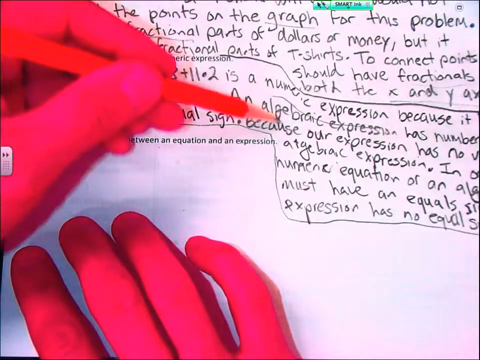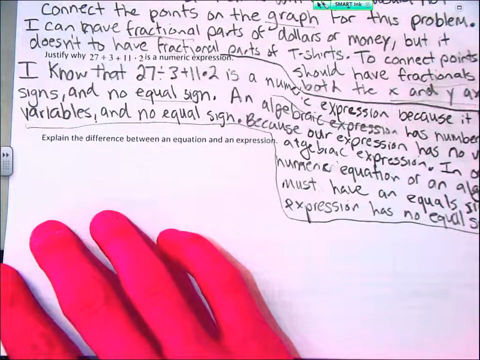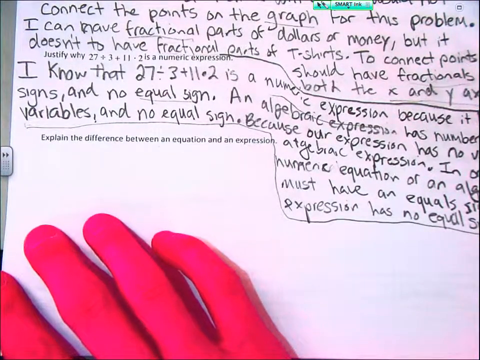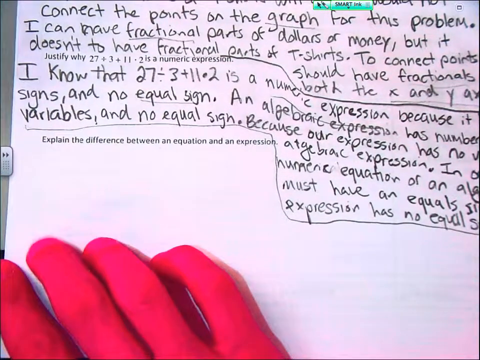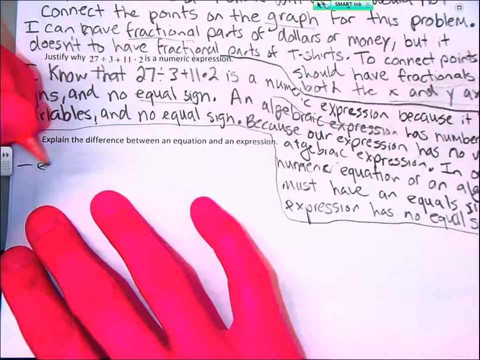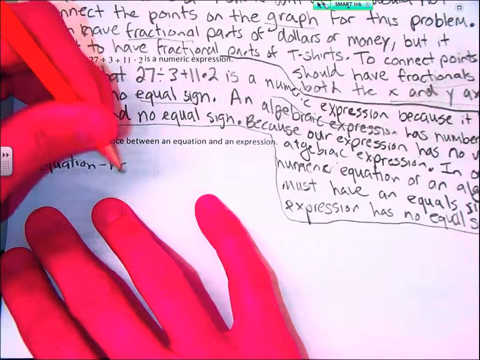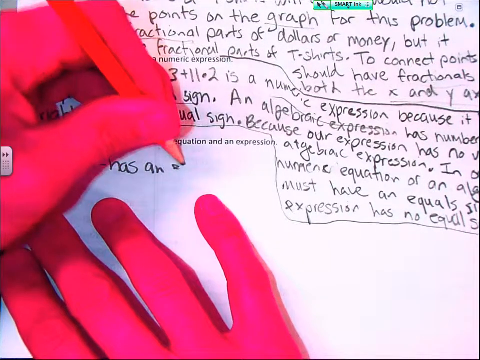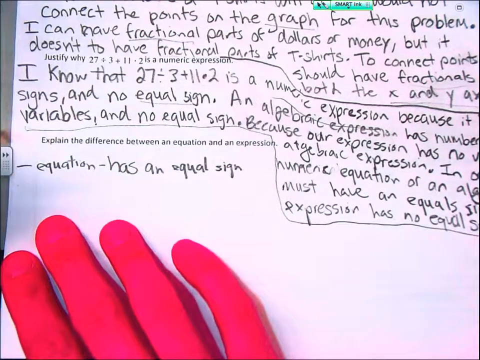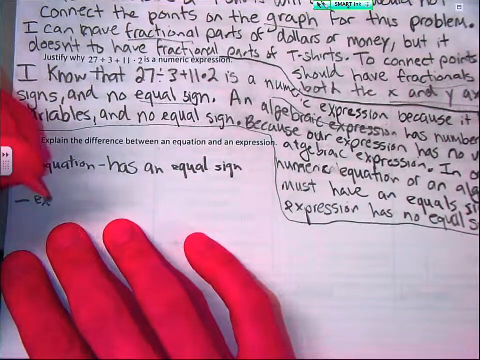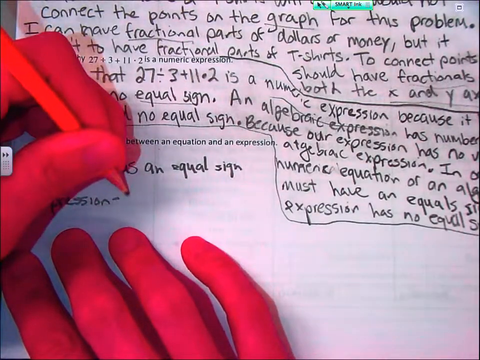And so I would almost re-explain this. Because I sense that this is taking a while, I will speed this up. Here's what I would do. I would say an equation has an equal sign. I would do this in complete sentences. Then I would say that an expression has no equal sign.